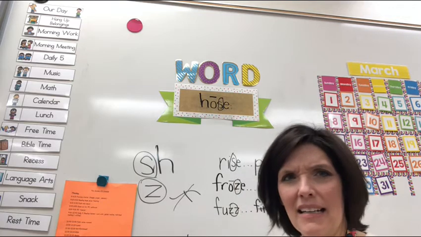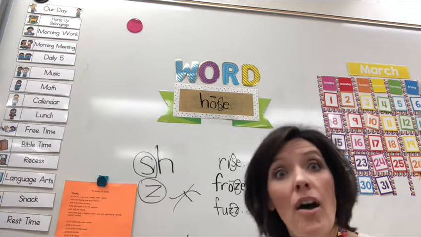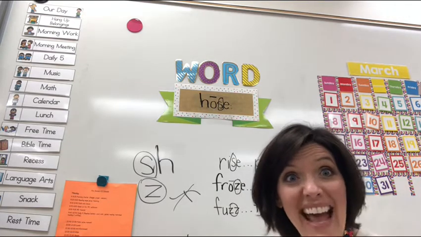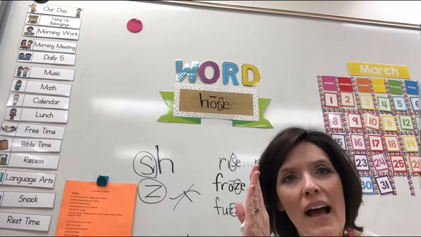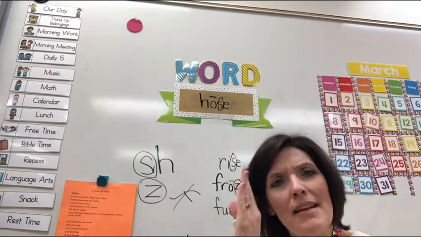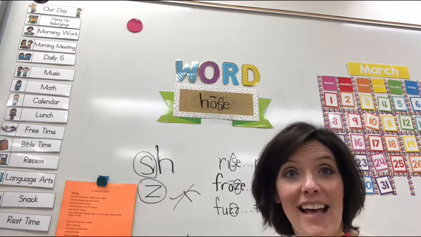Oh, that doesn't mean anything, does it? So let me try the Z sound. Hose. Oh, I know, like a water hose. Yeah. So sometimes when you see that S, try the S sound, and then if it doesn't make sense, try the Z sound, okay?